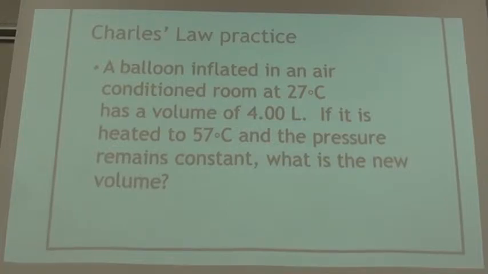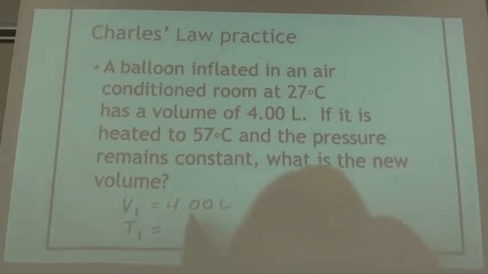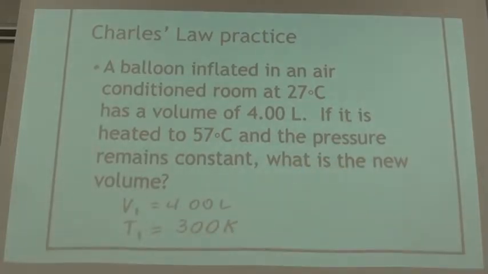What's the new volume? What's the first thing you're supposed to do? List the variables. So we start out, the volume when we first start out is 4 liters. The first temperature is 300 degrees K. We did a little mental math there, 27 plus 273.